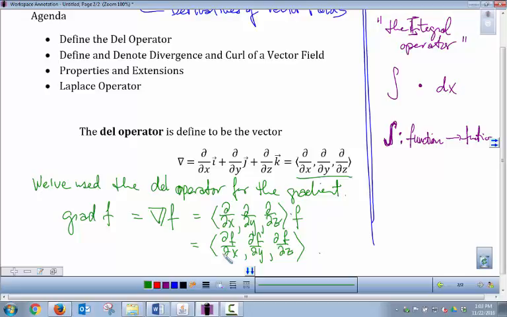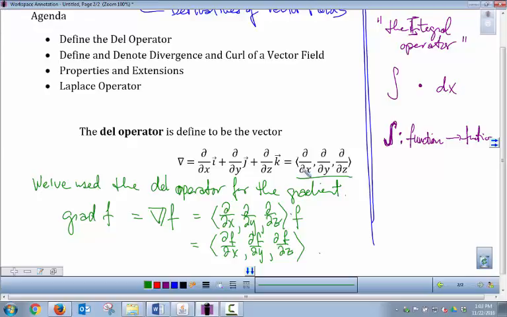So if we think about it that way, then we have a couple of multiplication operations for vectors, right? Because we're interested in doing some derivative-like things to vector fields, and now this is a derivative vector, kind of. And so maybe we can apply that to a vector field.